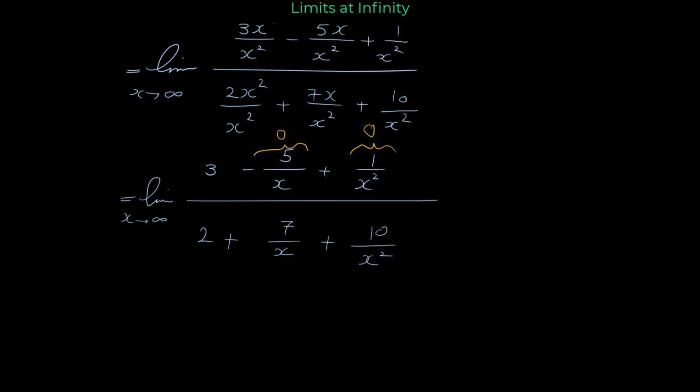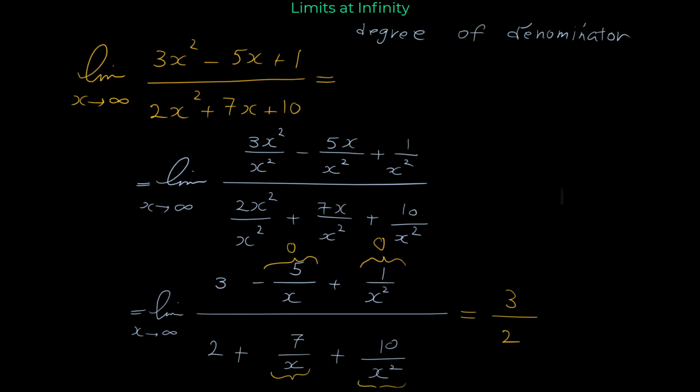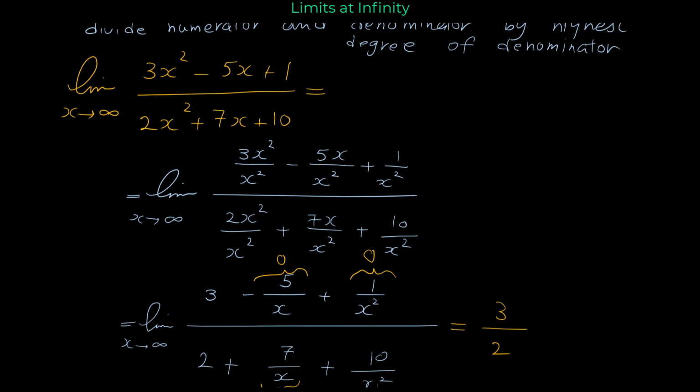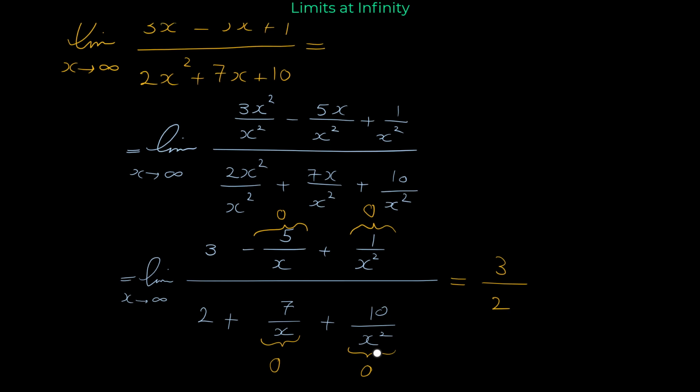This is also 0. 0 and 0. Because x goes to infinity, all of these fractions are 0. Just in the numerator, we have only 3, and in the denominator, 2. So what is the limit? 3 over 2. And again, if x goes to negative infinity, the process is always the same, and the answer of this limit would also be the same in this case.